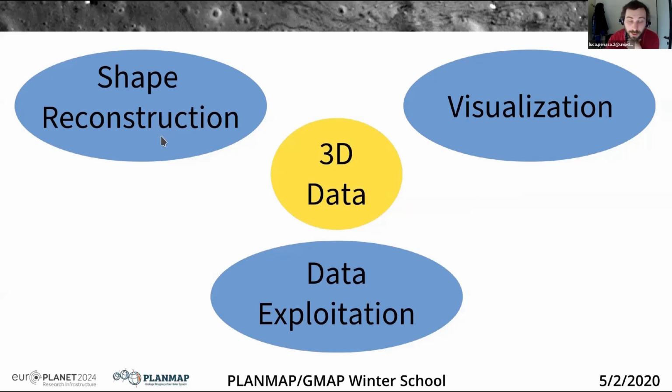And something that is very important: all this 3D interest would be of not much application if you didn't try to exploit the data, trying to collect some scientific observation that wasn't possible before, which can be provided by the 3D data.